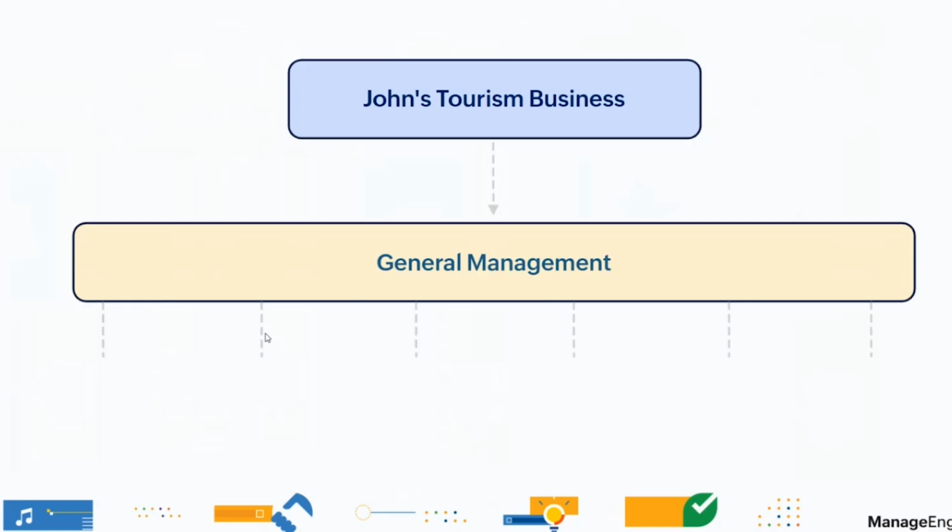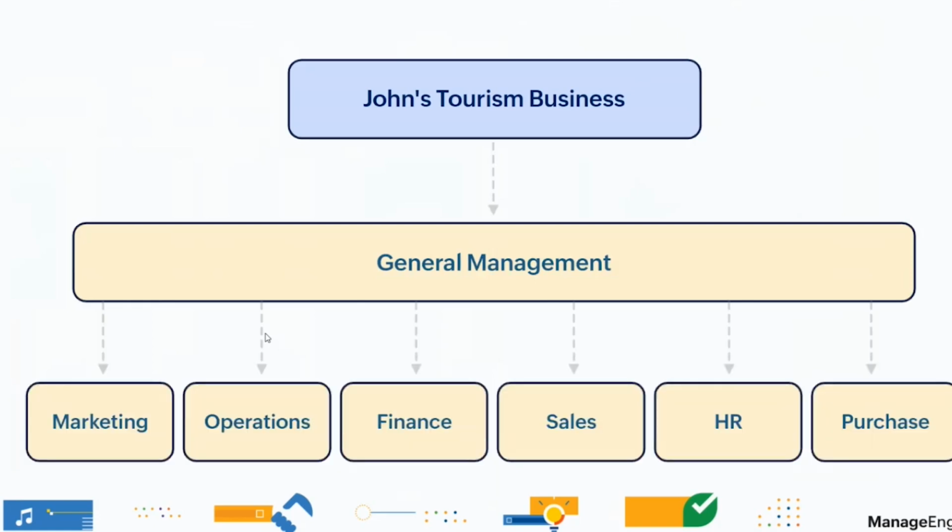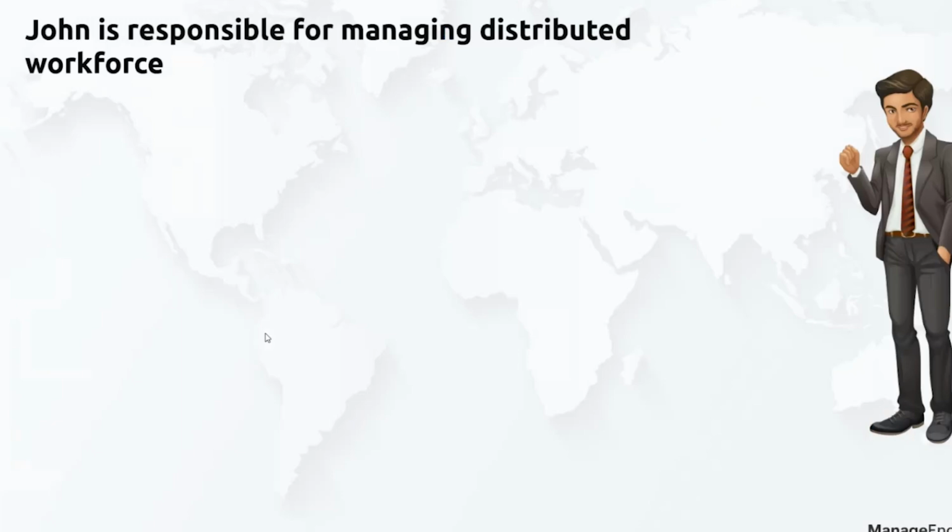We have taken an example of John, who works in a tourism company. In the company, there are multiple departments, as you can see on the screen: marketing, operations, finance, sales, and HR. John's day-to-day activity is to manage all these devices. John is responsible for managing the distributed workforce.